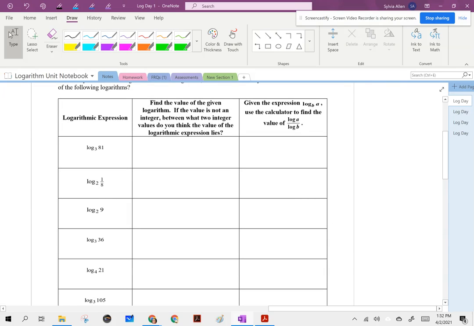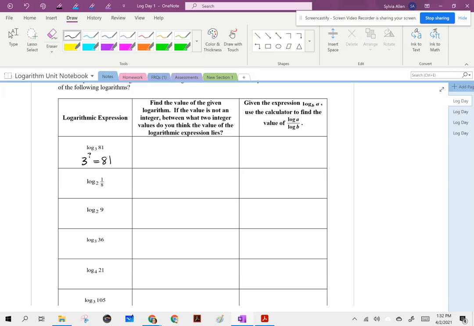All right, so remember what this is saying. It says a log expression is saying 3 to what power gives you 81. That's always what a log is saying because you're looking for the exponent. So it says find the value of the given log. If the value is not an integer, so not a nice pretty number, between what two integer values do you think the value of the logarithm lies?